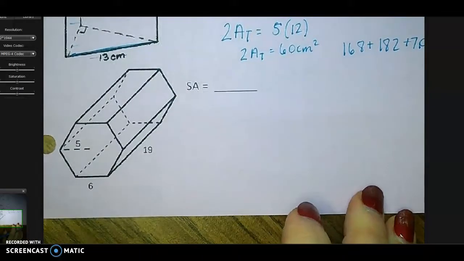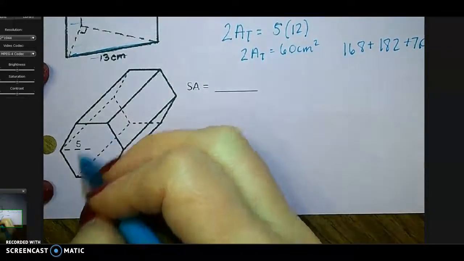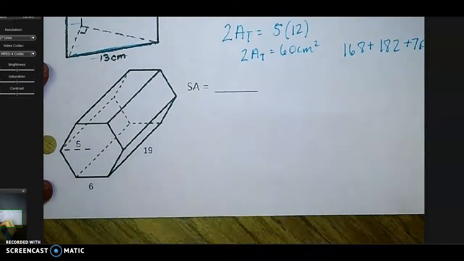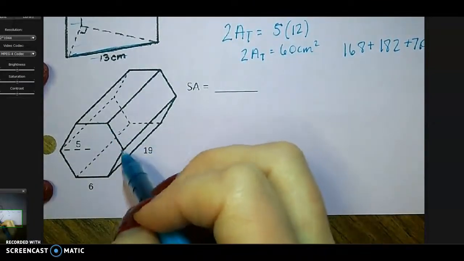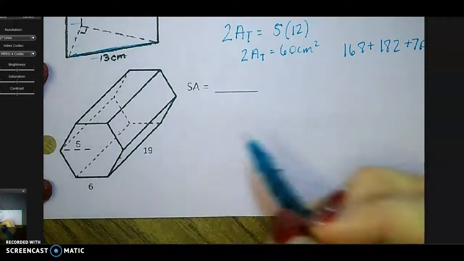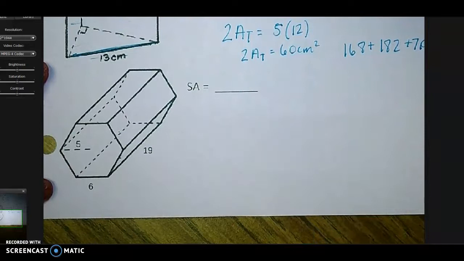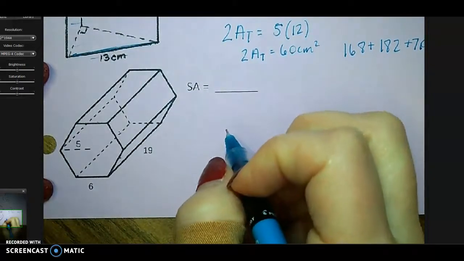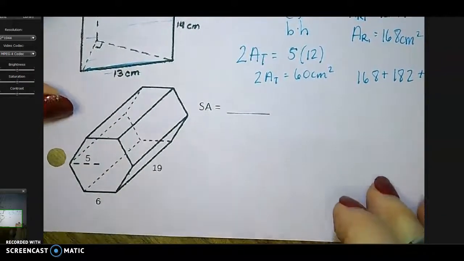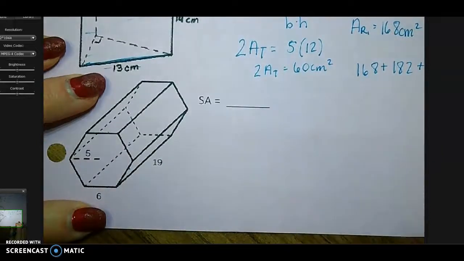This next one right here, our bases of our right prism are actually hexagons, so they have 1, 2, 3, 4, 5, 6 sides. So how do you find the area of a hexagon? Finding the area of a hexagon might be something you have not done before.